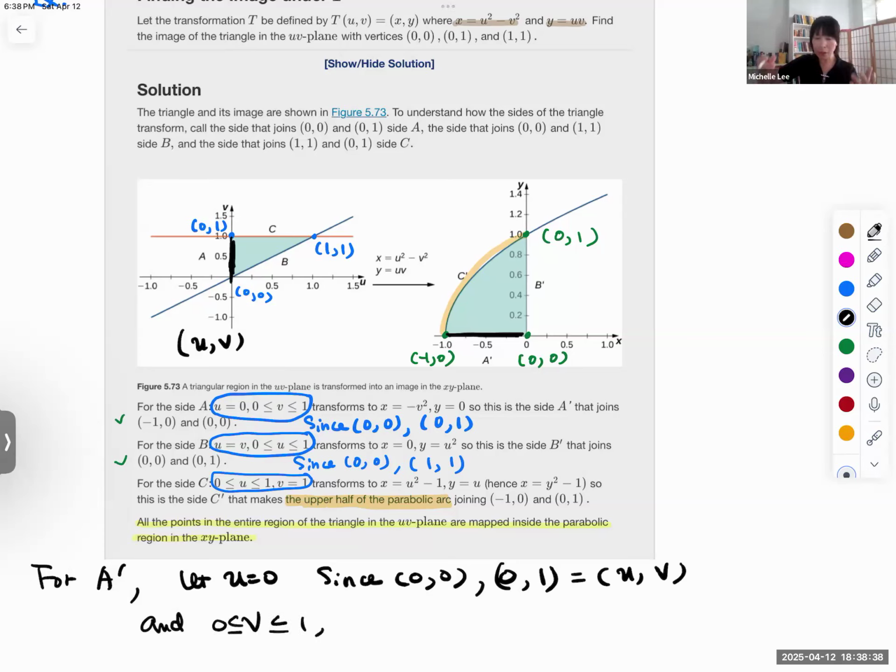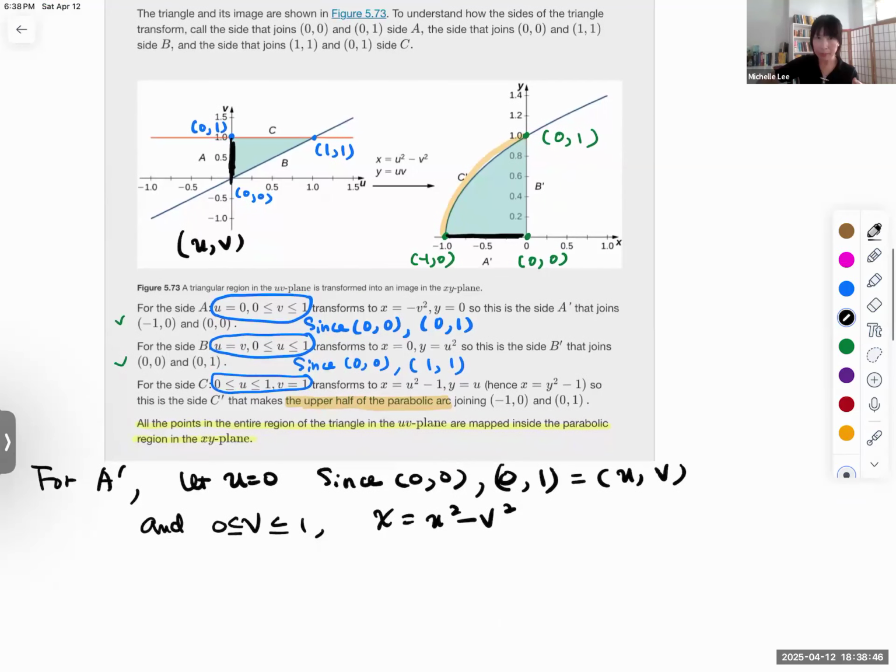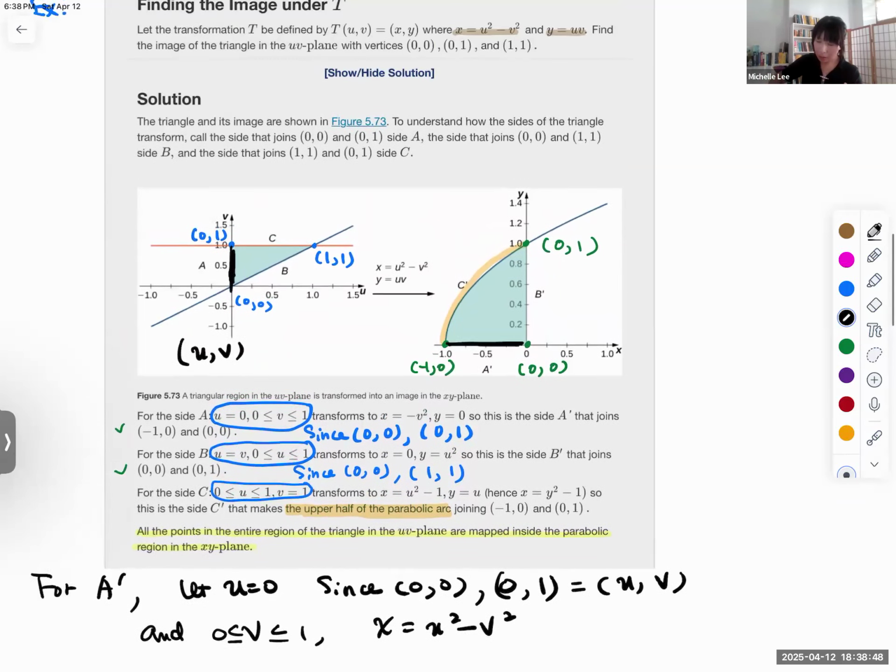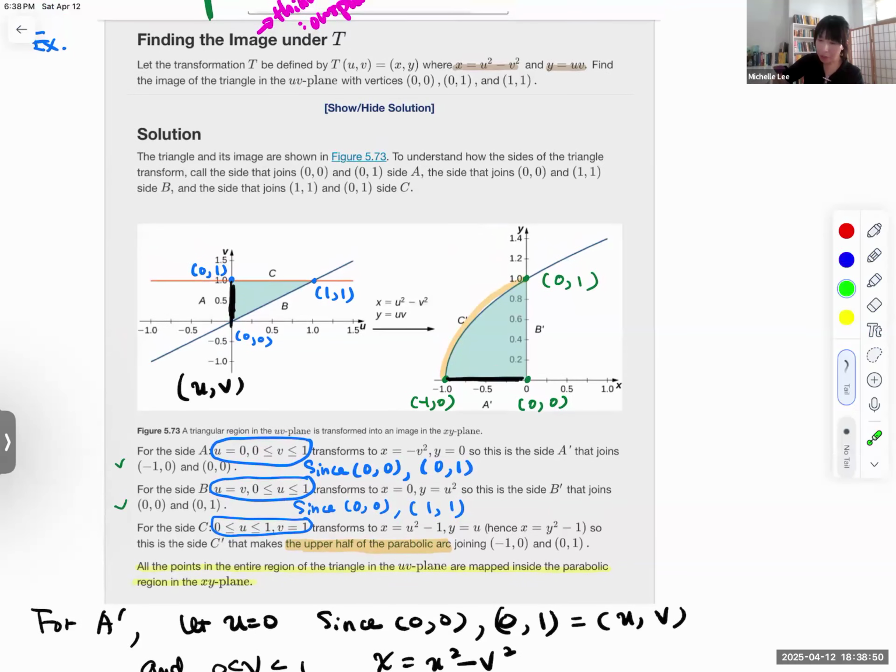Now, let's take a look at the function. The function has x equal to u squared minus v squared. Oh, you cannot see? Sorry about that. The x equation I got from the question given: x equals u squared minus v squared.